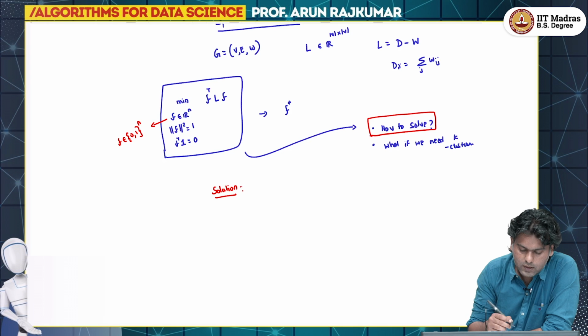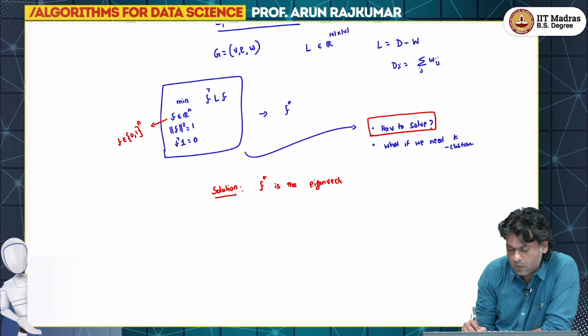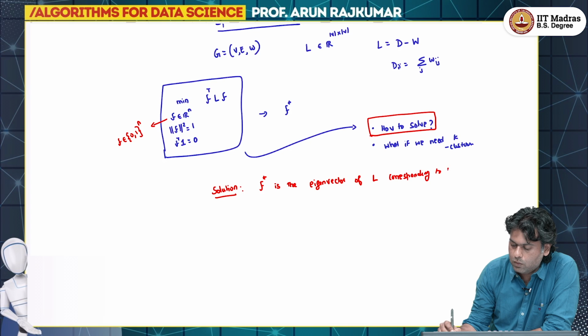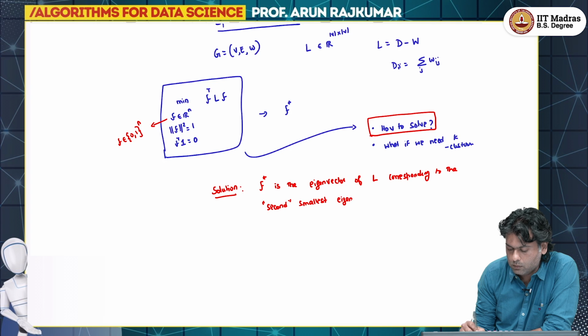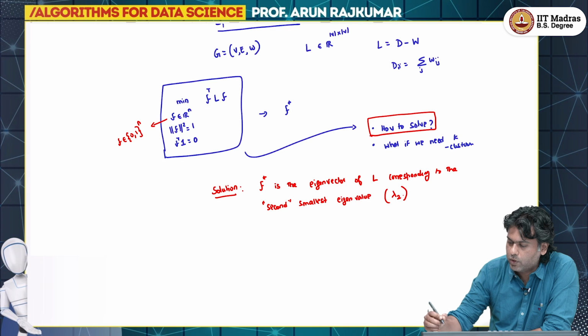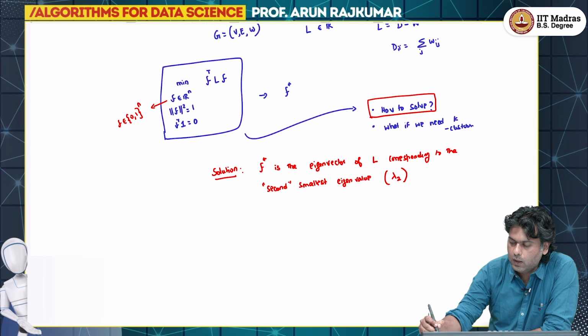The solution to this is just: f star is the eigenvector of L corresponding to the second smallest eigenvalue, that is sometimes called lambda 2, because lambda 1 is usually the smallest.